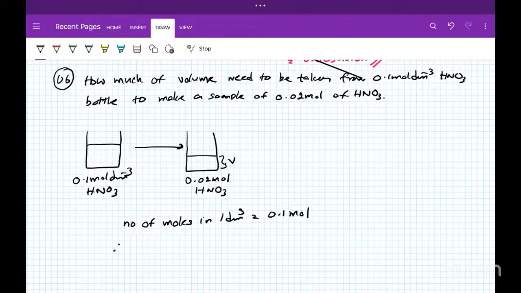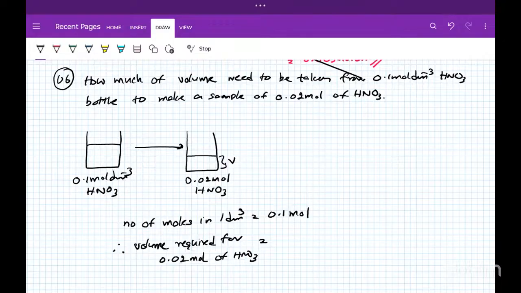Therefore, volume required for 0.02 moles of HNO3. So there is logic here. 0.1 moles is within 1000 cubic centimeters.